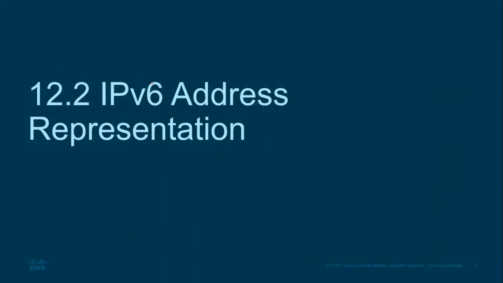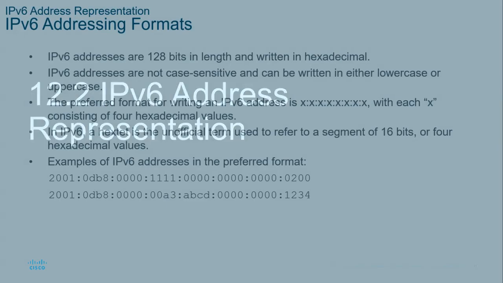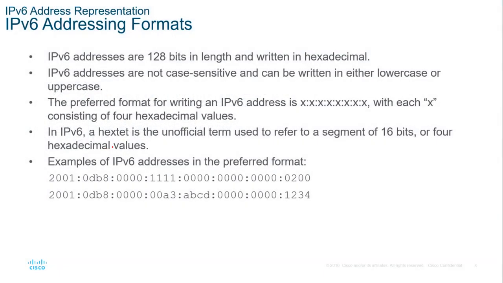So the network representation: IPv6 addresses are 128 bits in length and written in hexadecimal, and IPv6 addresses are not case sensitive, so you can write in upper case or you can write in lower case.